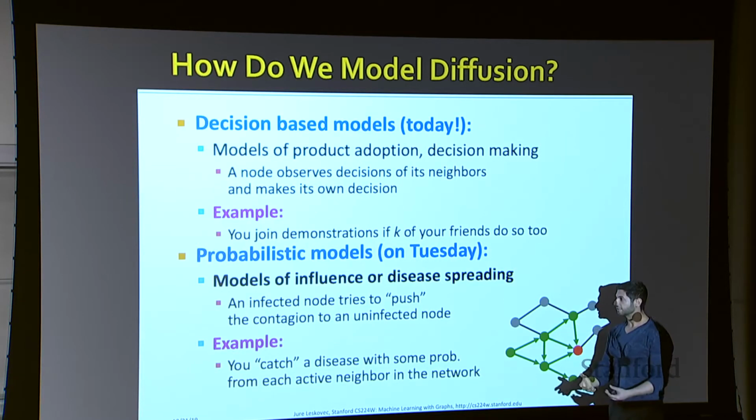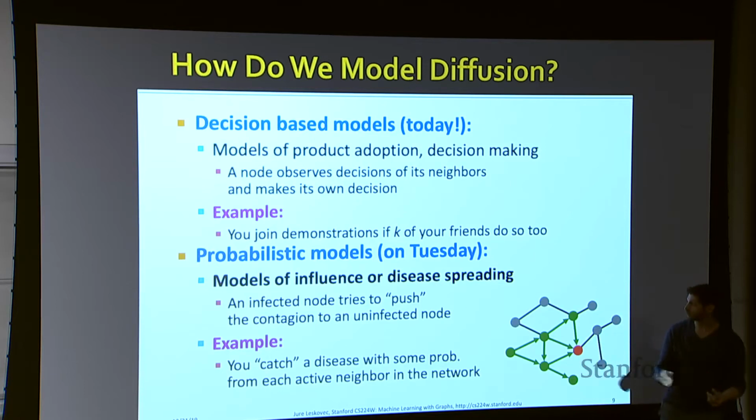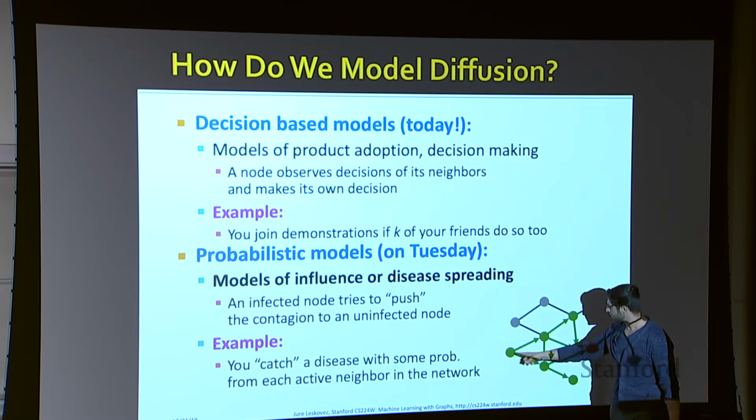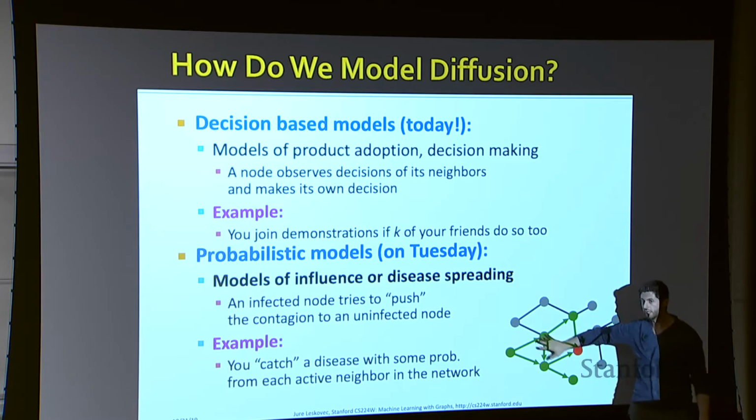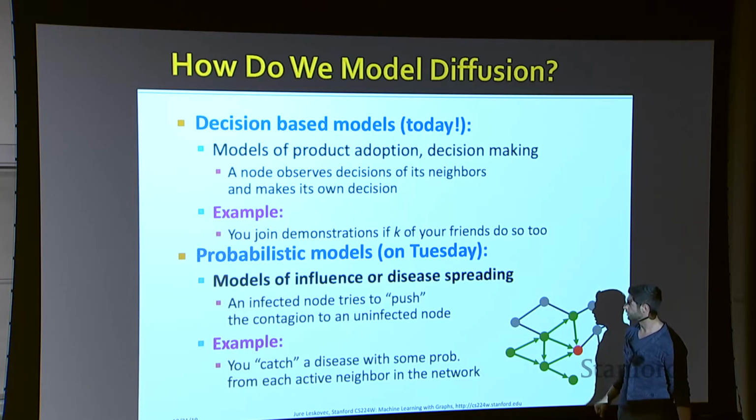In that case, an infecting node tries to push the contagion to an uninfected node, and we have a probabilistic model there. We flip a biased coin, and it tells us whether this person has received the virus, yes or no. So for the case of contagions, we're mostly going to be using probabilistic models.